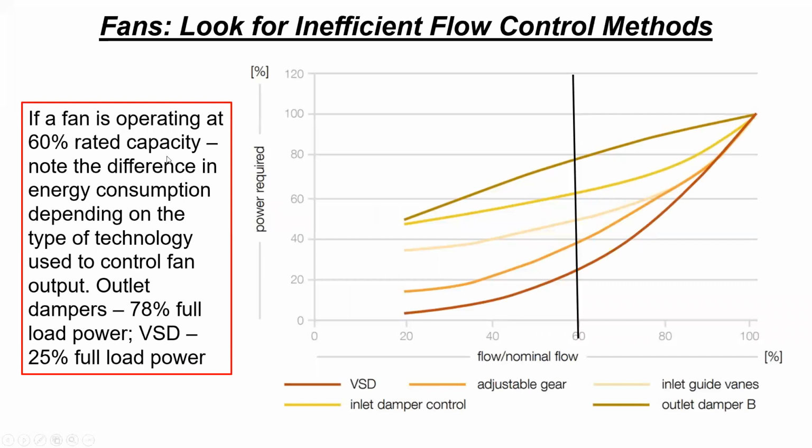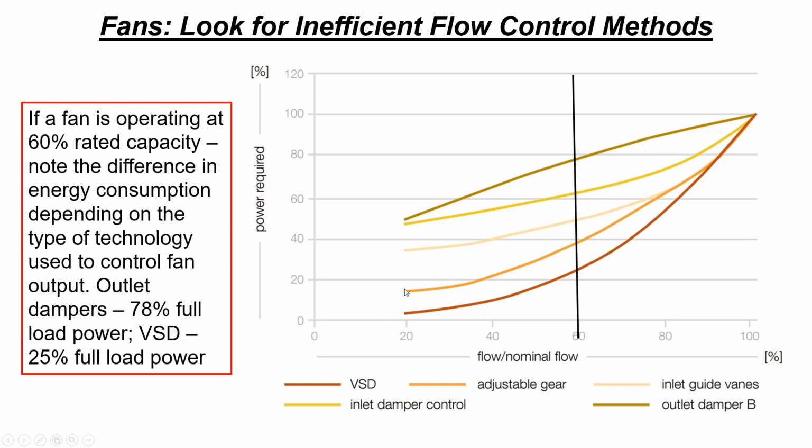So if a fan is operating at 60% capacity, note the difference in energy consumption depending on the type of technology used in controlling the fan. VSD, the variable speed drive, is the most efficient one. You see this dark line down here, using the least power required in the form of percent. This line is the outlet damper, which is the worst case condition for, let's say, the 60% nominal flow.